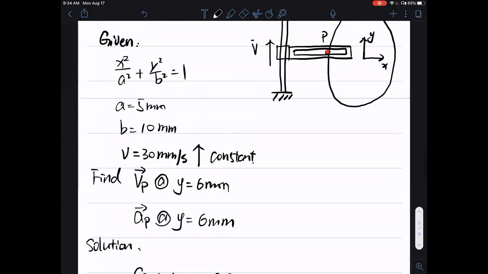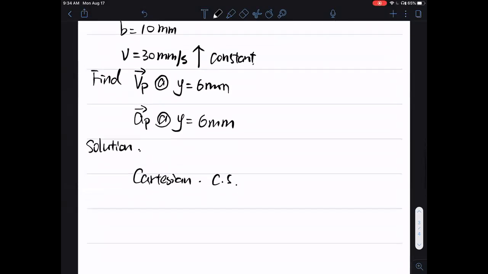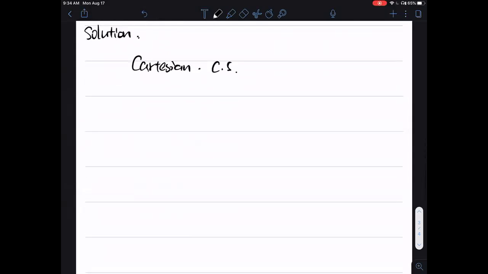Since we want to find the velocity and acceleration, let's go back to the table we did at the beginning of the class to find the equations for velocity and acceleration in Cartesian coordinates. For velocity, the equation is x_p dot i plus y_p dot j.